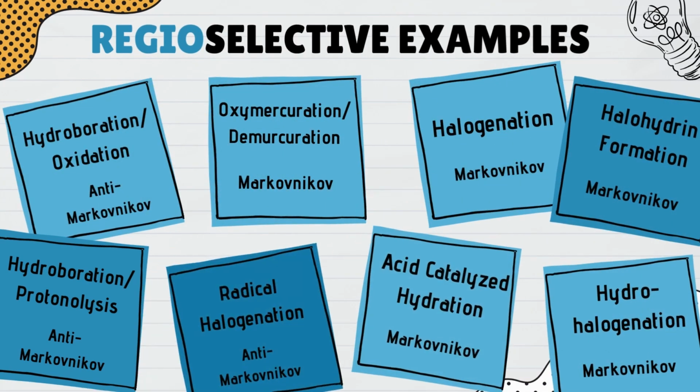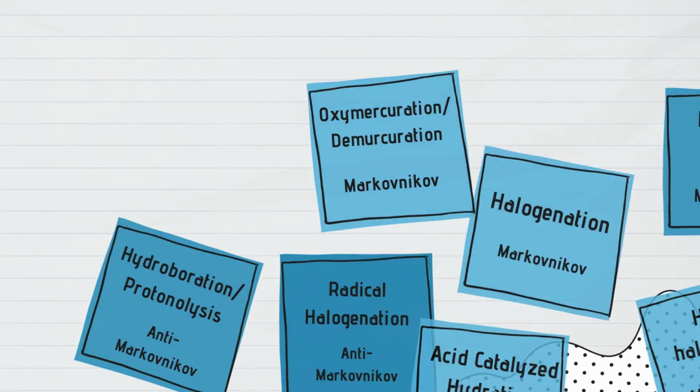The hydroborations do anti-Markovnikov reactions, not to be confused with anti as in the stereoselectivity. So those are anti-Markovnikov. And perhaps later on in your course, you'll see radical halogenation too. All of these others are Markovnikov additions. Thus, in these situations, you would add your priority to the more stable side of the double bond.